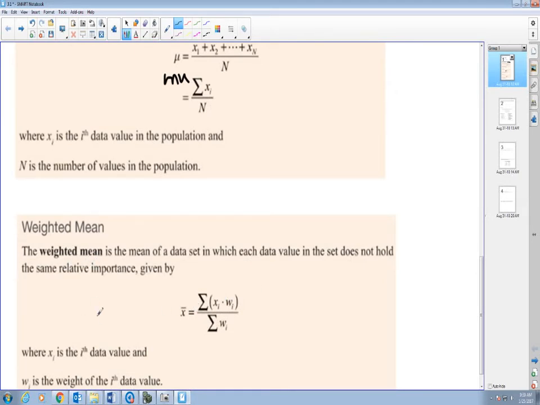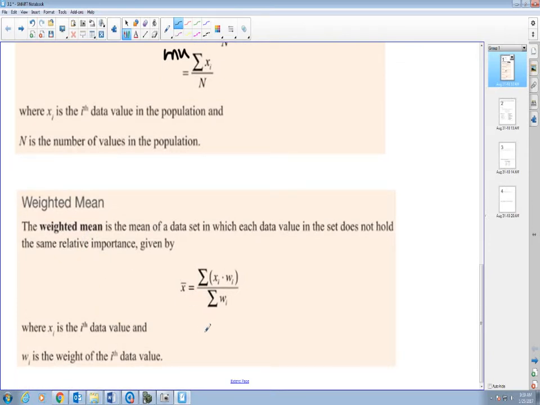Weighted mean is referring to when you have repetitive numbers. So for example, if I have a number 4 in the X column, and the frequency in the Y column is, let's say, 10, that means I actually have 10 fours.